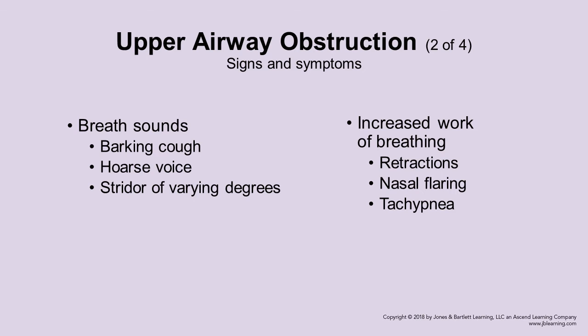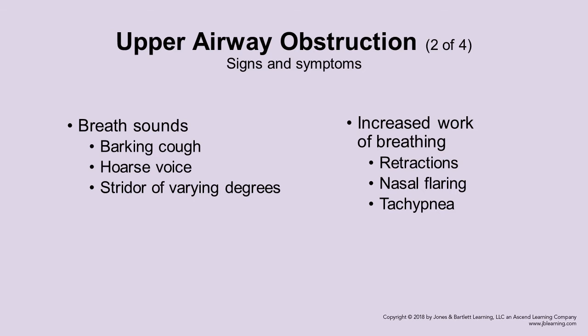So the signs and symptoms of upper airway obstruction are changes in breath sounds. The first we'll talk about in a particular illness can be manifested as a barking or seal-like cough. These children who have upper airway obstruction or swelling can have a hoarseness to their voice. And then they can also have stridor.